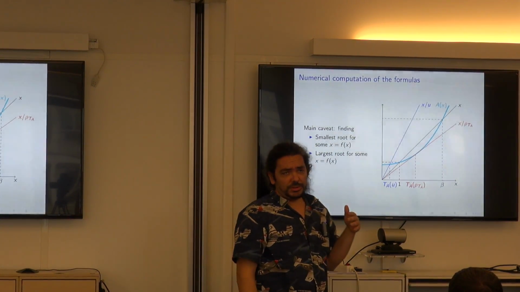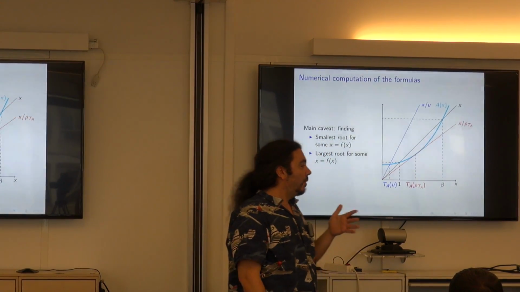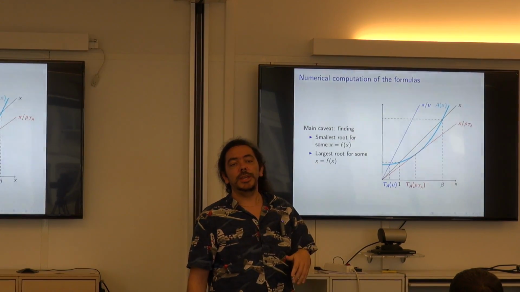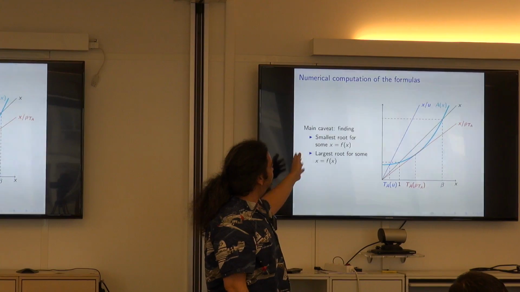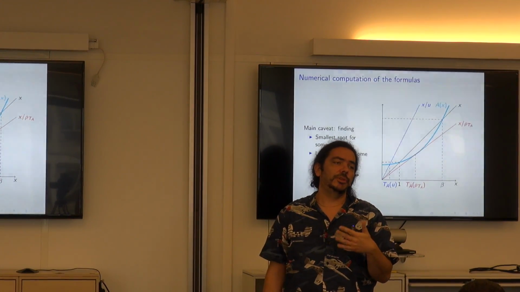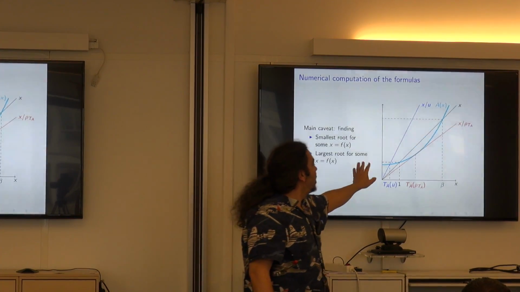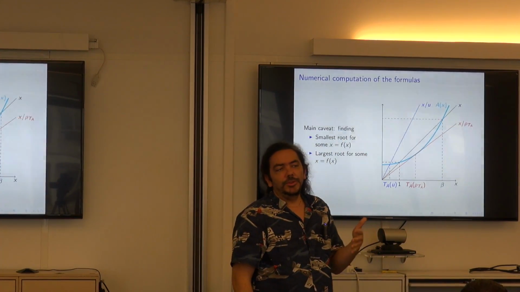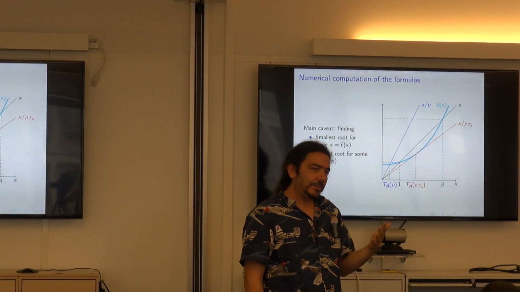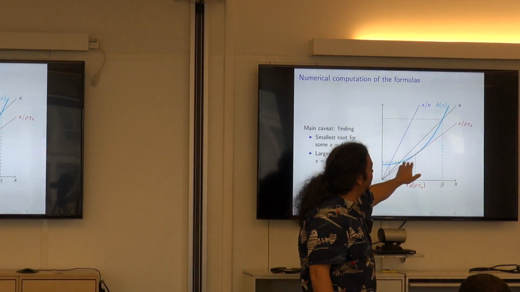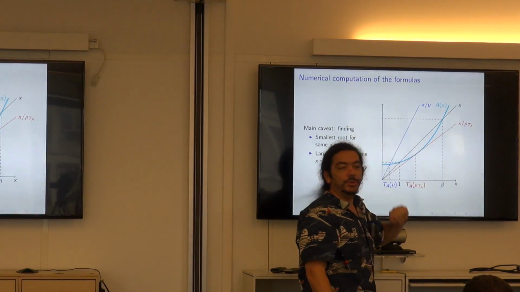And at some point, you have to compute things like, for instance, the smallest root of some equation x equals f of x. And in other parts, you have to compute the largest root of something like x equals f of x. So for f, you have series with only positive terms, so it's usually a nice function like this, and you want to be able to compute where the roots are.